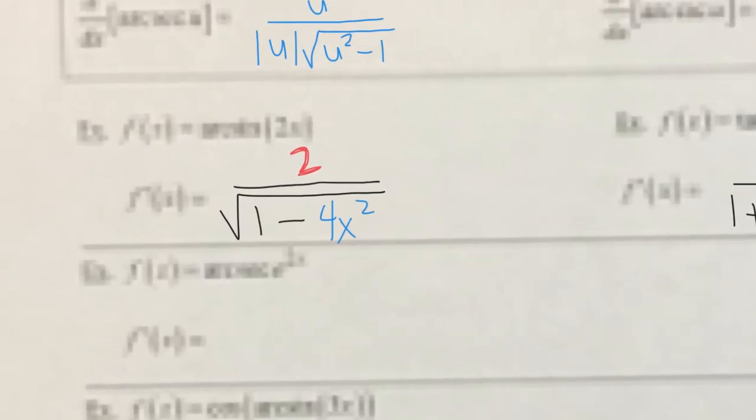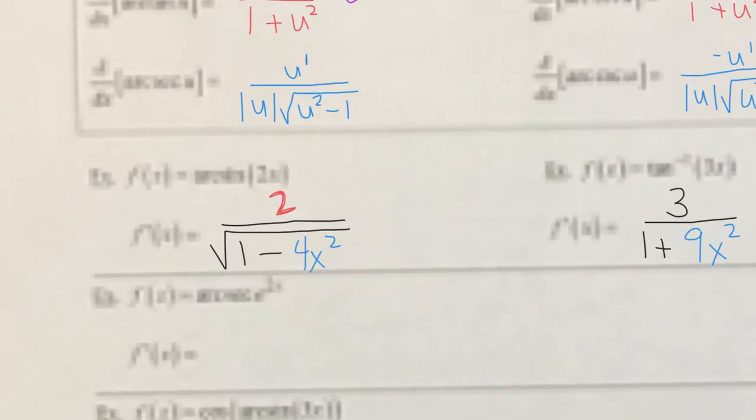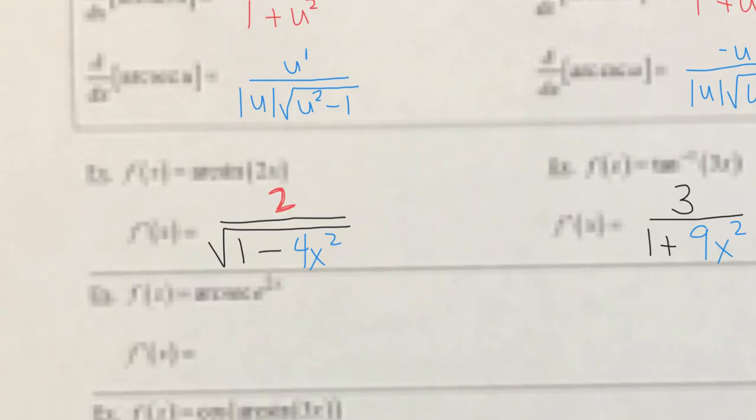Okay? So arc secant of e to the 2x. Here is an interesting one. The derivative of e to the 2x, right? This is your u. So that's 2e to the 2x, because it's a chain rule.